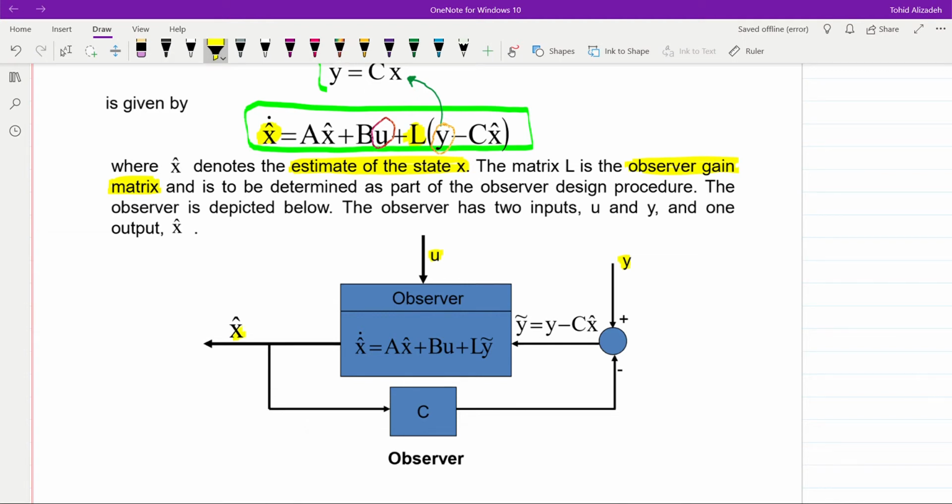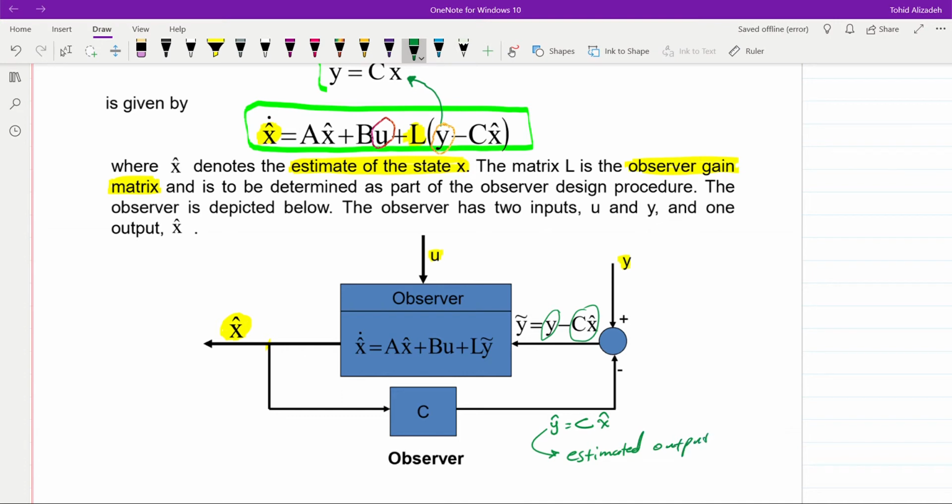X hat is multiplied by C, which gives us y hat. And here we have the difference between the actual output and the estimated output. So y hat for us is the estimated output based on the estimated state, or x hat.